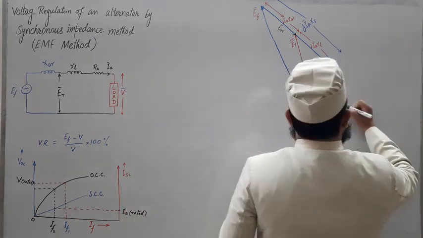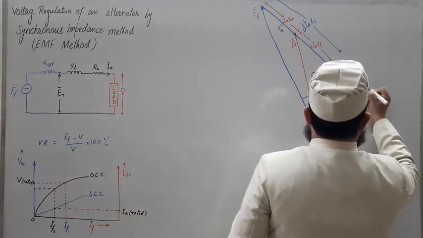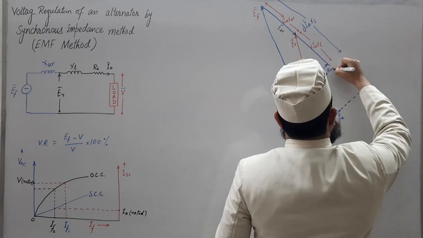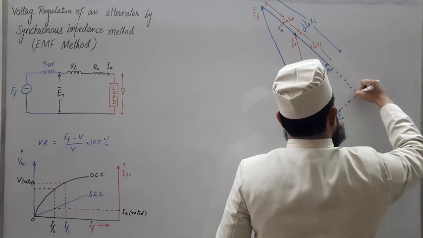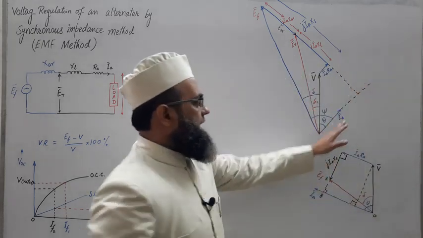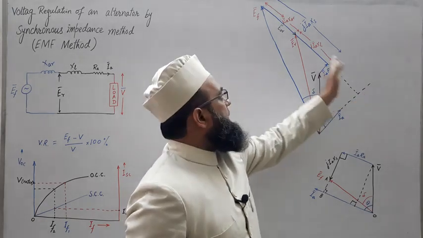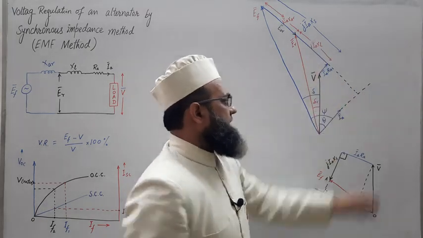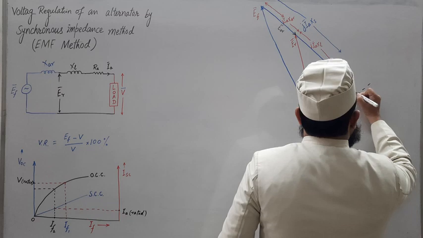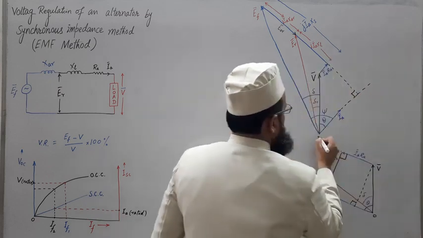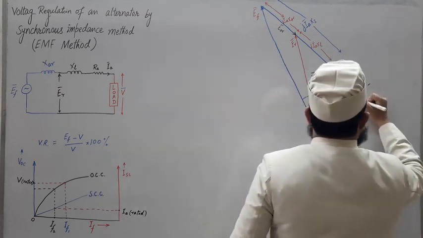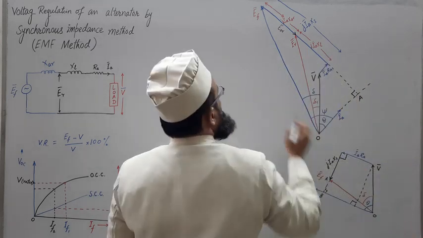So extend this and this line also. This IA line has been extended and the j IA line has been extended. Obviously this will meet at a right angle. Let us mark this point as O, this point as A and this point as B.